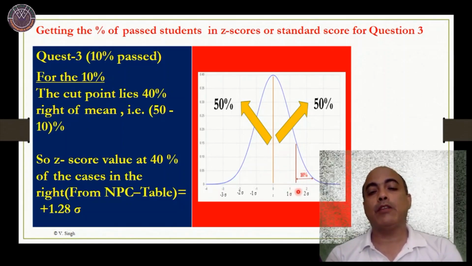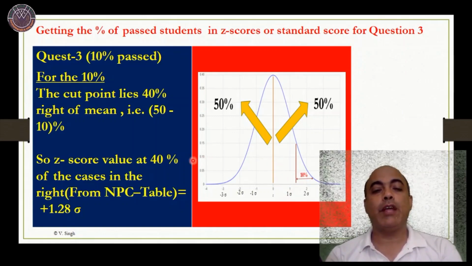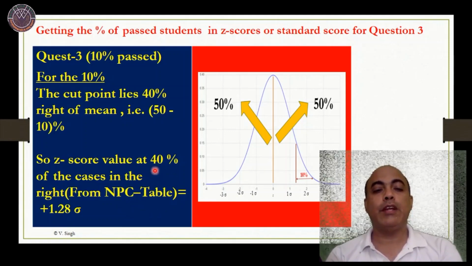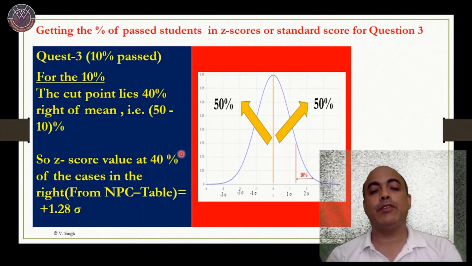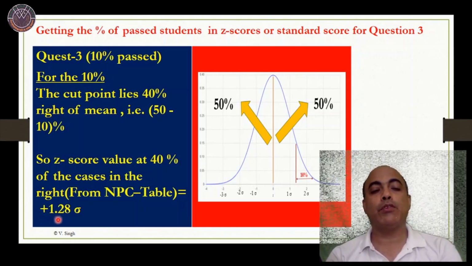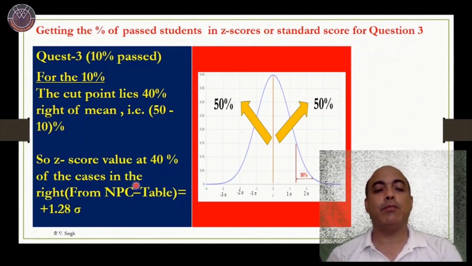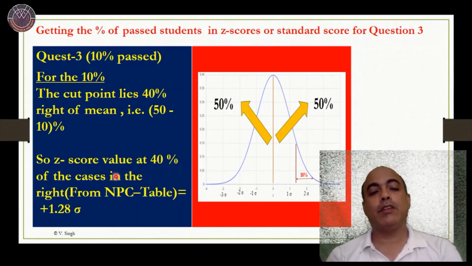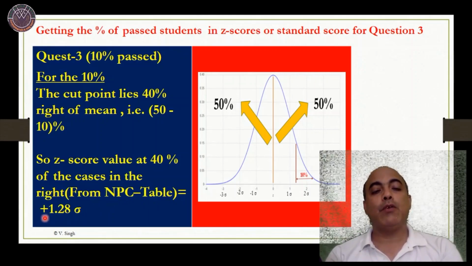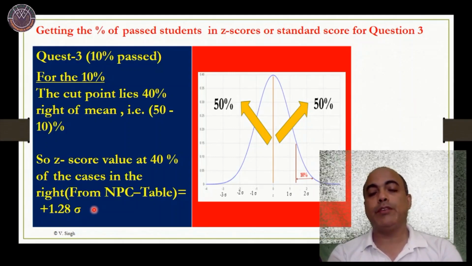This sigma is also positive because it is on the right-hand side. Following the NPC table for the area under the curve, 40% of the cases from the mean gives us the sigma value, or standard score, of positive 1.28 sigma, which you can see here in this figure.